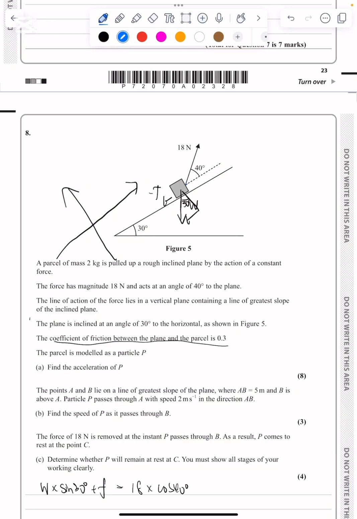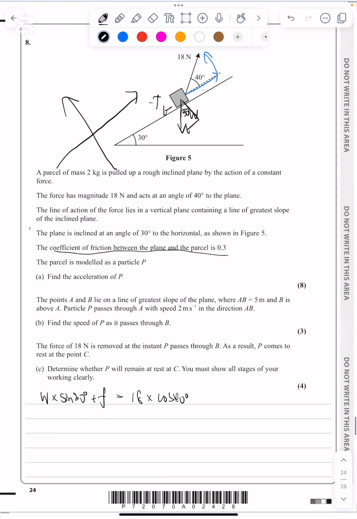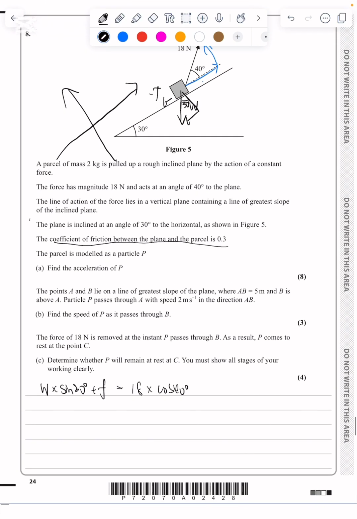Cosine 40 degrees has been this and this. So we are using the horizontal component right here. Right. And then what else?